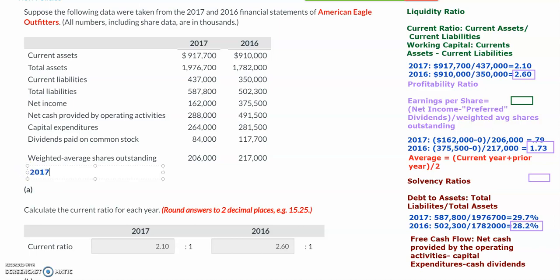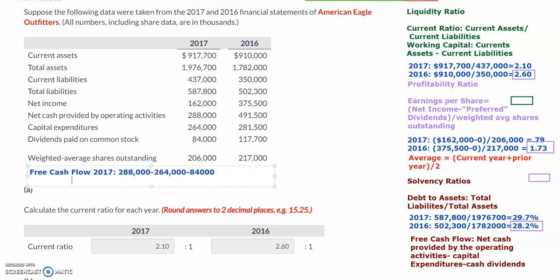So our 2017, and this is our calculation for free cash flow, is going to be our net cash provided by operating activities, 288, minus our capital expenditures, 264. That's the amount spent on property, plant, and equipment in the investing activities, and our cash dividends that is going to be reported in the financing activities.